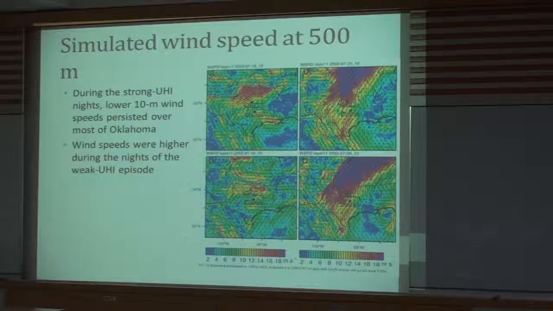And when we go to the higher layer, close to the low-level jet stream layer at 500 meters, we see that the typical direction of the strong case is south and westerly, and in the weak case it is northward.